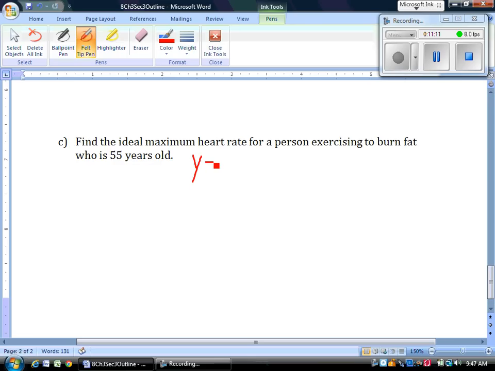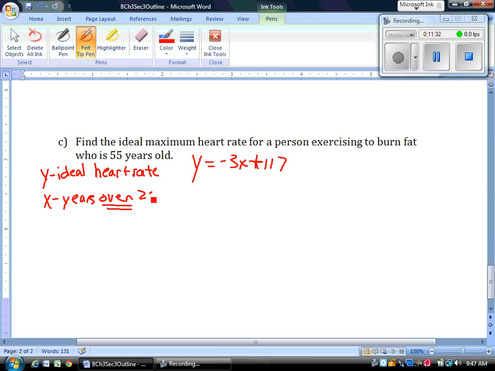So we have our equation, y equals -3x plus 117. Remember that y is looking for the ideal heart rate. And that x is the number of years over 25. Okay?